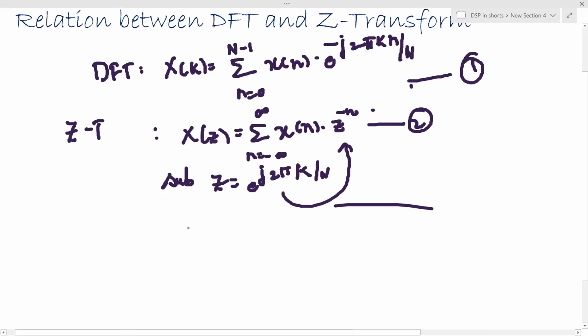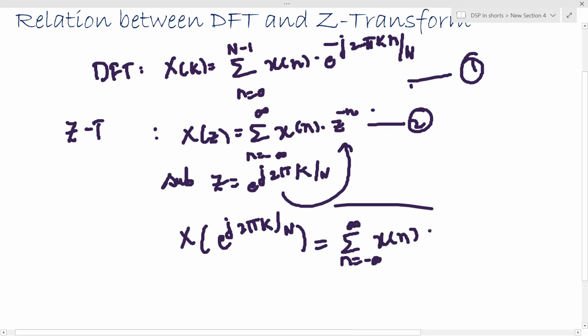So when we substitute, what we will be getting is X of e raised to j 2 pi k by N will be equal to summation n equal to minus infinity to infinity x of n into e raised to minus j 2 pi nk by N. This is looking more similar to equation number 1.